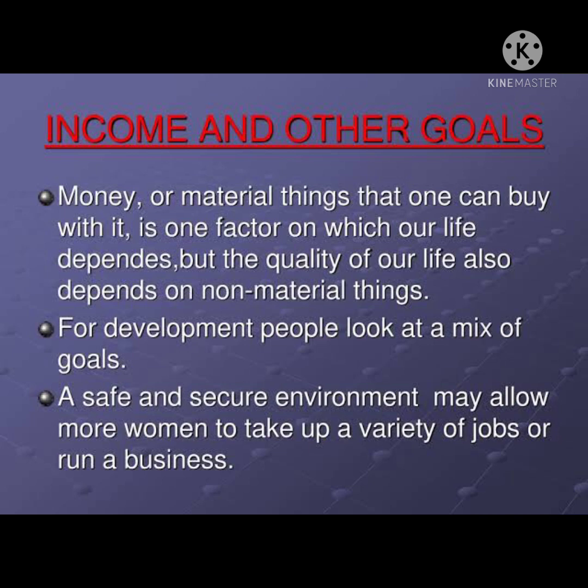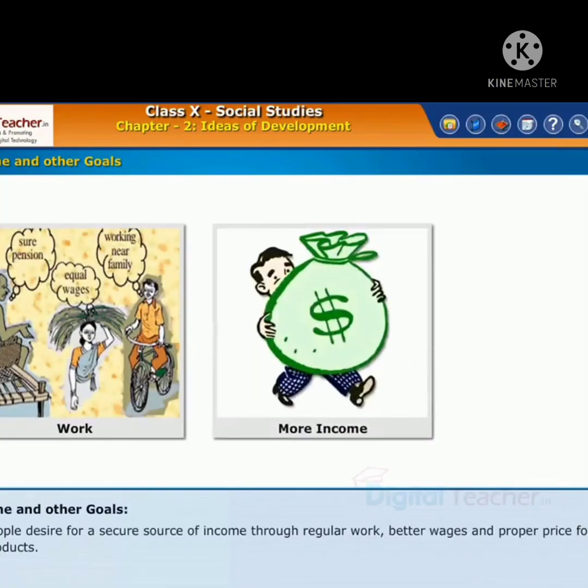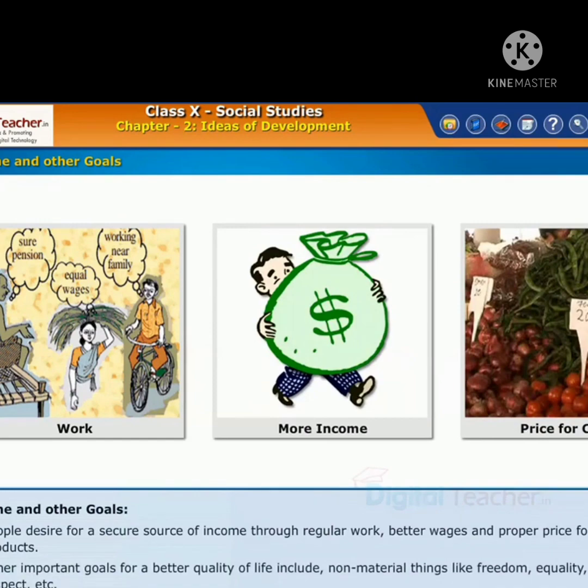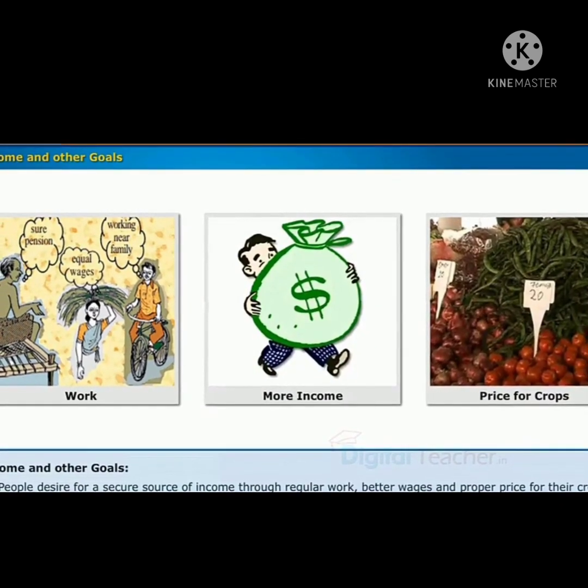Now the next topic, income and other goals. Children, once again, if you go over table 1, page number 14, you will notice one common thing, what most people desire. People desire a secure income through regular work, better wages, and proper prices for their crops or products.